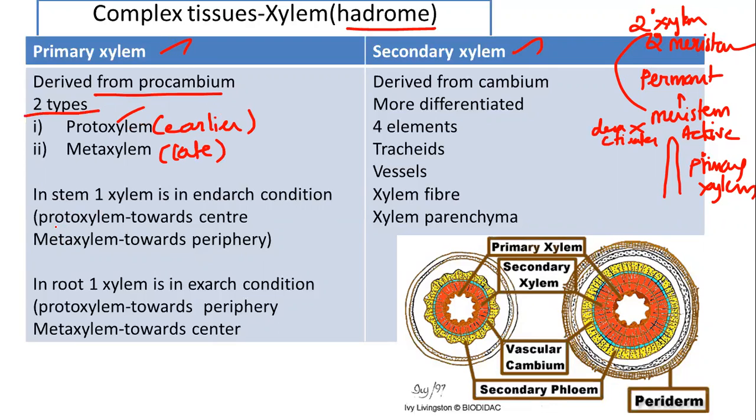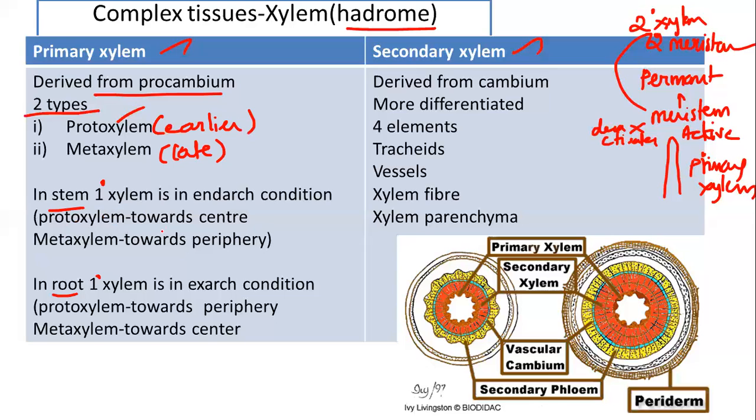The primary xylem is present in both stem and root, but the arrangement of protoxylem and metaxylem is different.